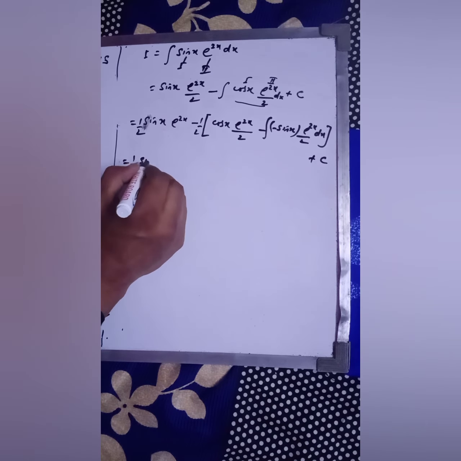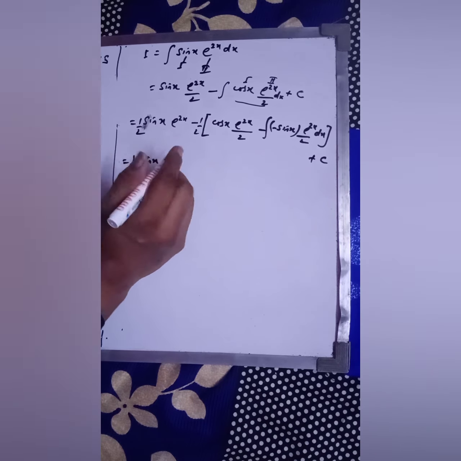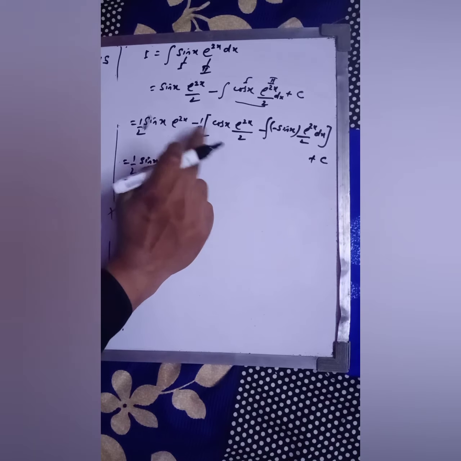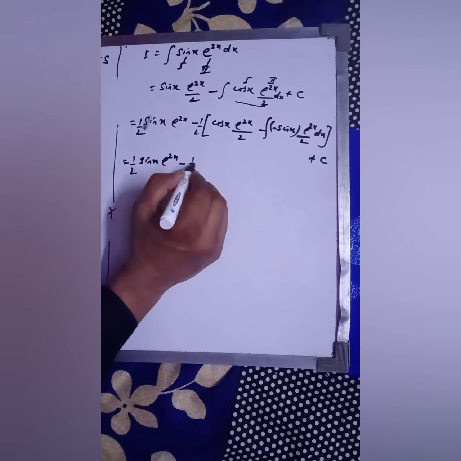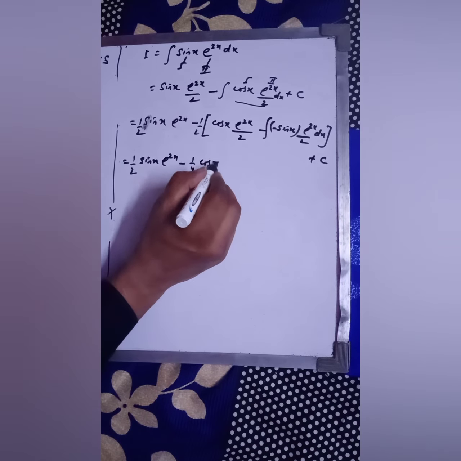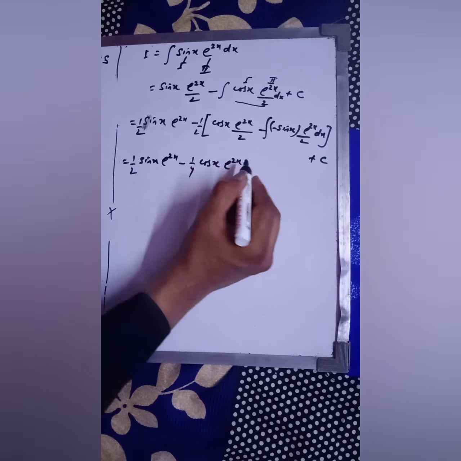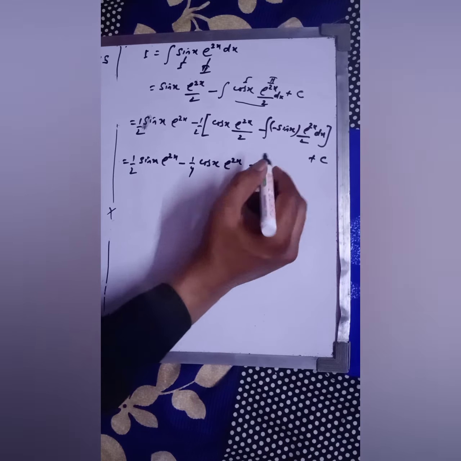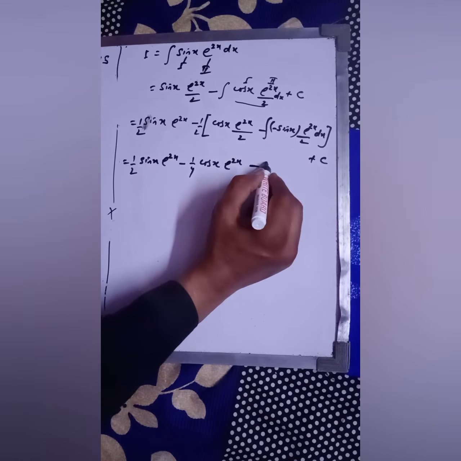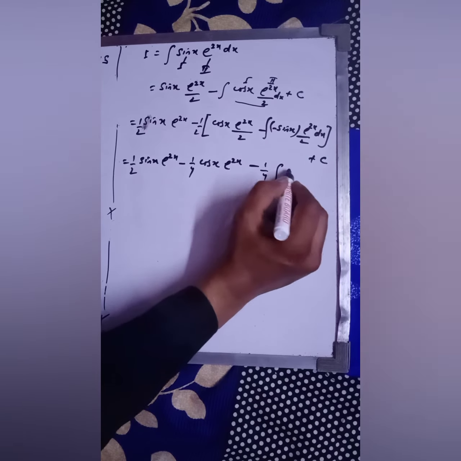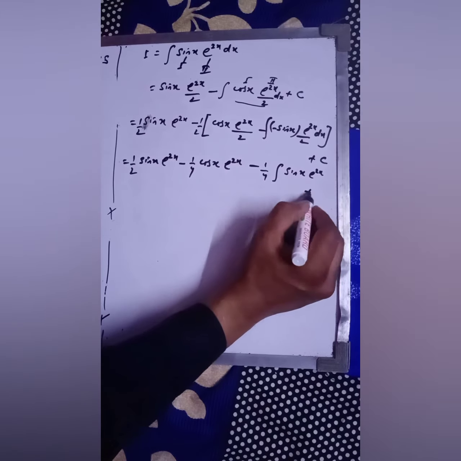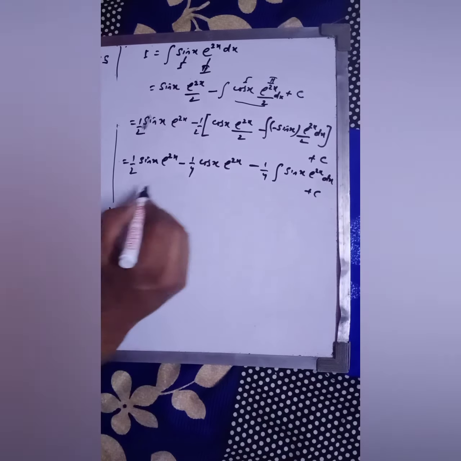That is equal to half. Again the same you have to copy, sin x e raised to power 2x minus, inserting this half, it would be 1 by 4 cos x e raised to power 2x, and that would be plus, and again it would be minus, 1 by 4 integration sin x and e raised to power 2x into dx.